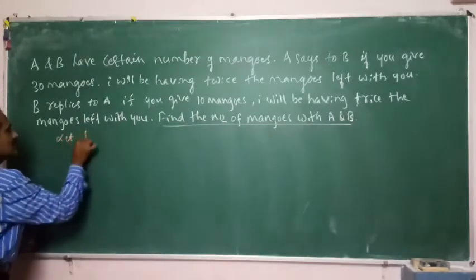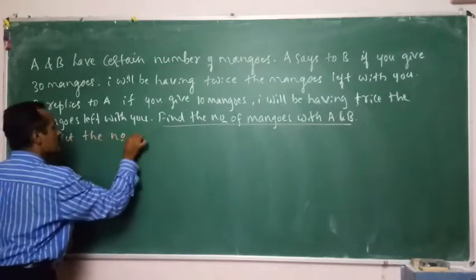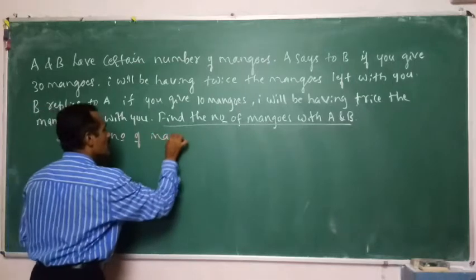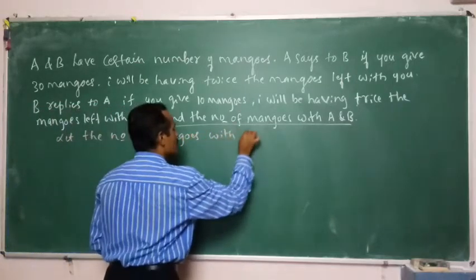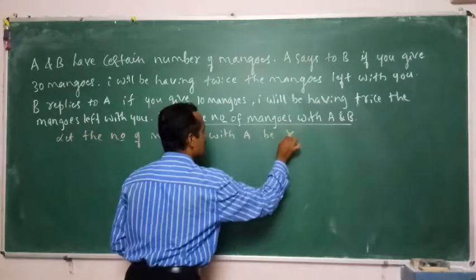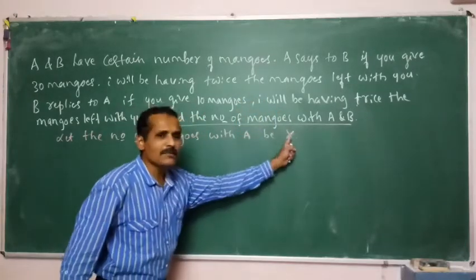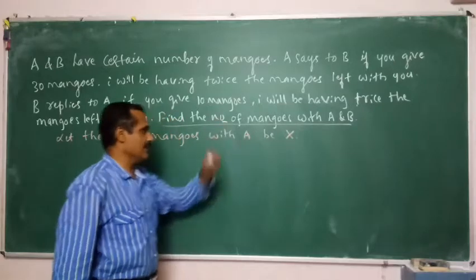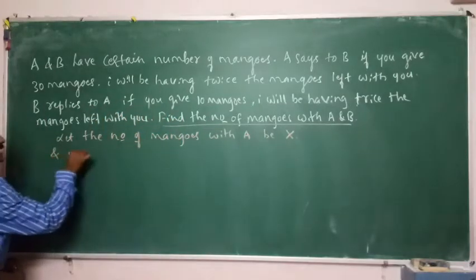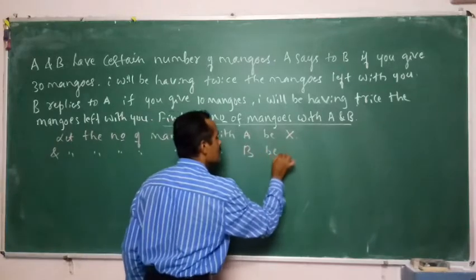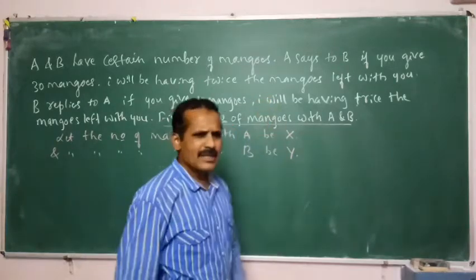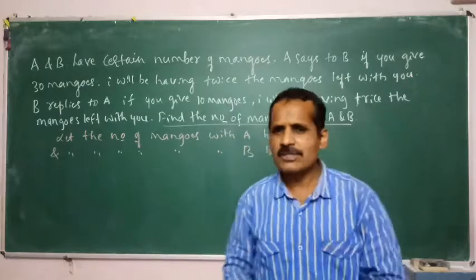Let the number of mangoes with A be x, and let the number of mangoes with B be y. These are the two simple sentences we are writing first.